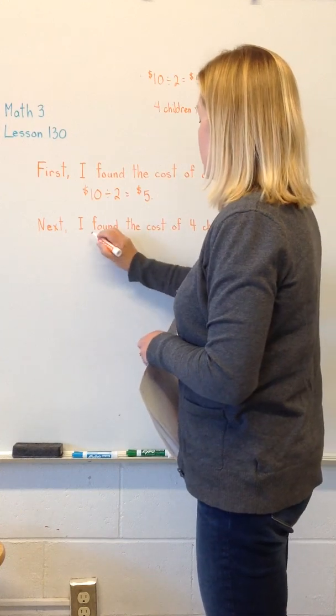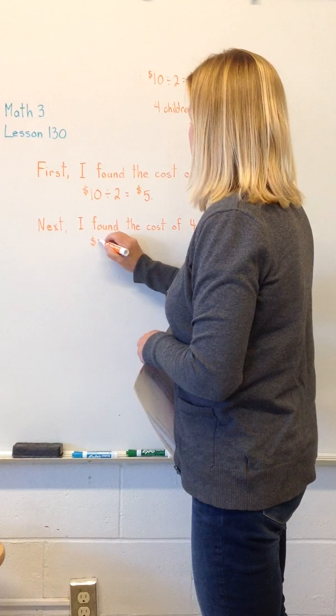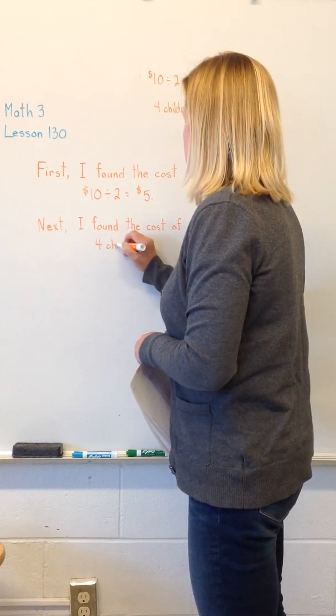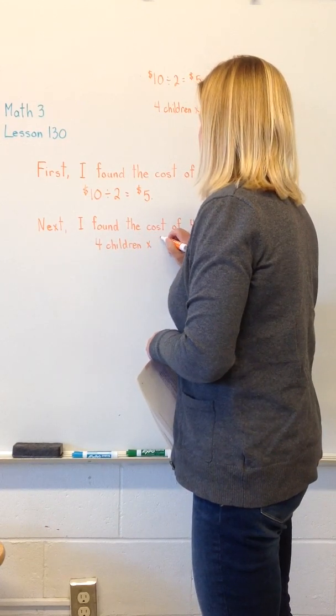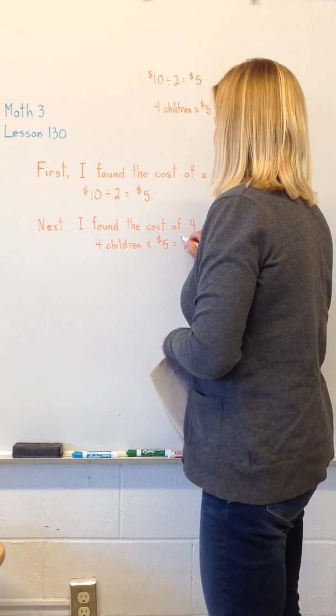So that's what I'm going to write underneath this so that I know what I'm doing. Oops, I was writing the wrong thing. I need 4 children times $5 equals $20.